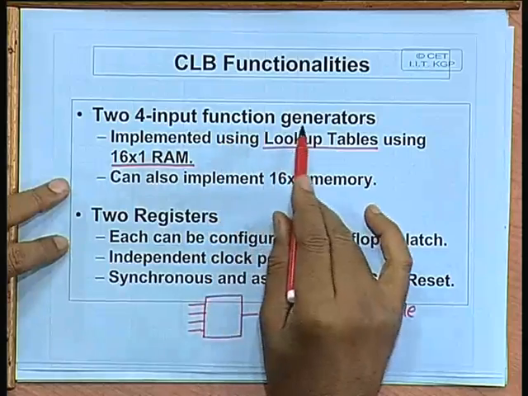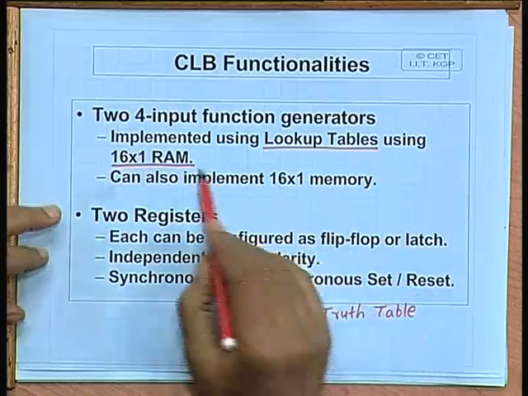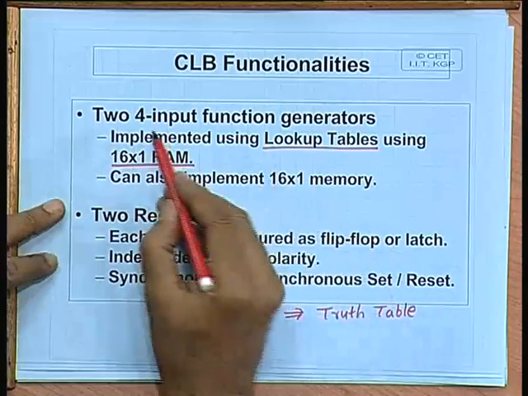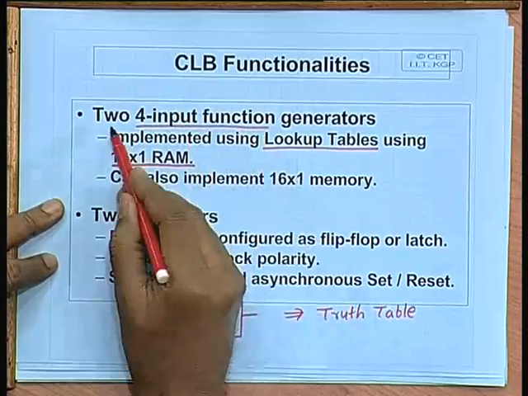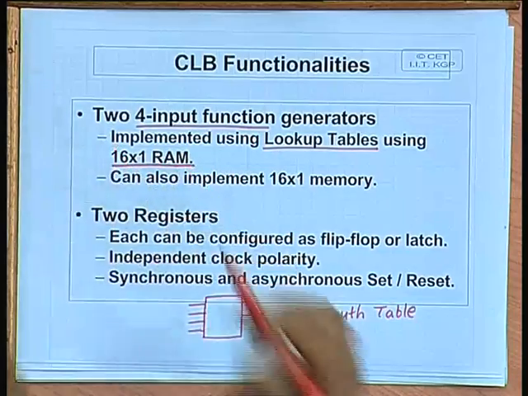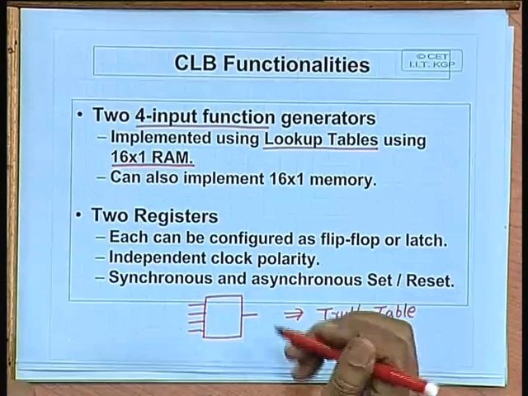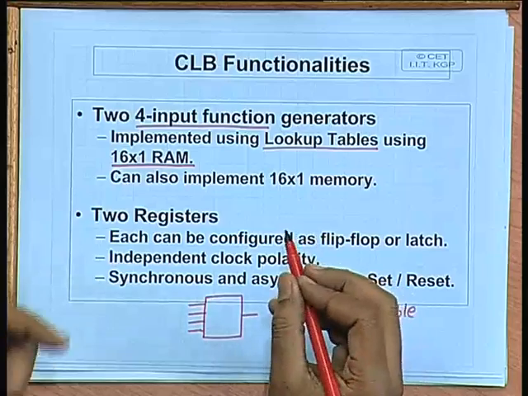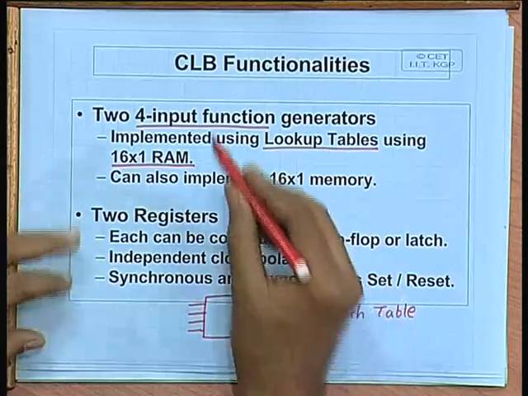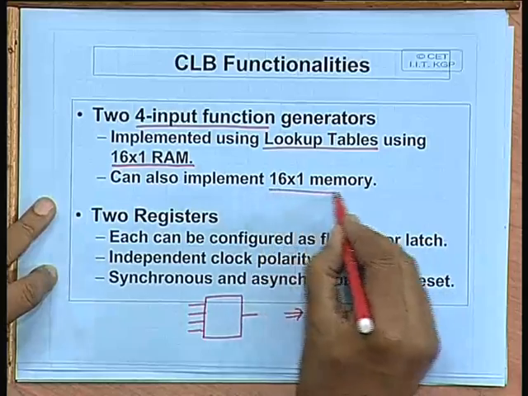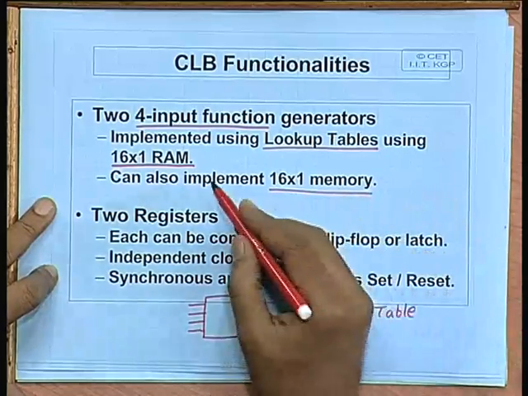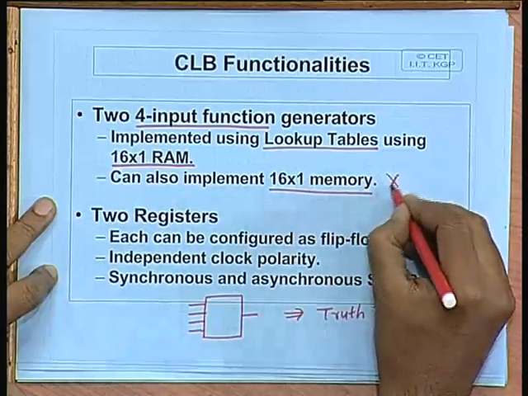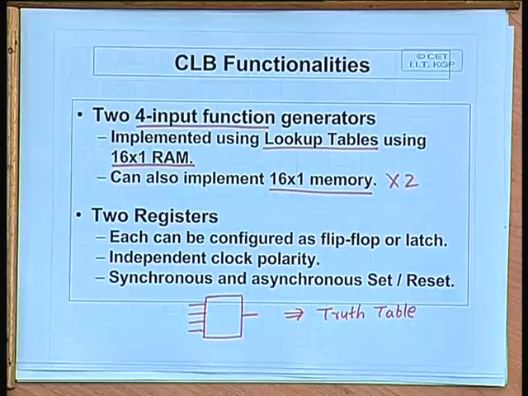So, the CLBs can implement 4 input functions, in fact 2 of them, I have said that there are 2 such blocks, and in some applications you also need some memories. So, the CLBs can also be used to implement memories. So, each of them can have 2 such 16-bit memories, right.